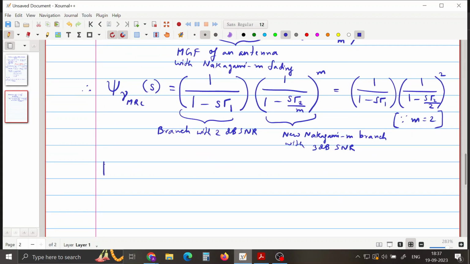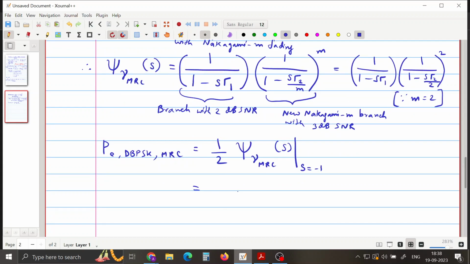Now just again the same thing, the BER performance, and the scheme is DBPSK with MRC. All we do is, there will be a factor of half, take the MGF of the combination and evaluate it at s equals to minus 1. That's it.